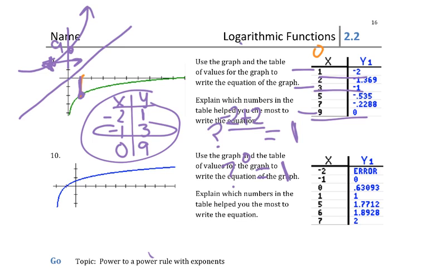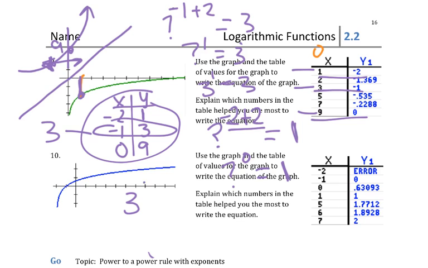So if we look at this one, and we go some power to the -1 plus 2 equals 3. Well, -1 plus 2 would be 1. What to the first power would equal 3? Has to be 3. Okay, and we can check that. 3 to the 0 plus 2, that would be 3 squared, which would equal 9.